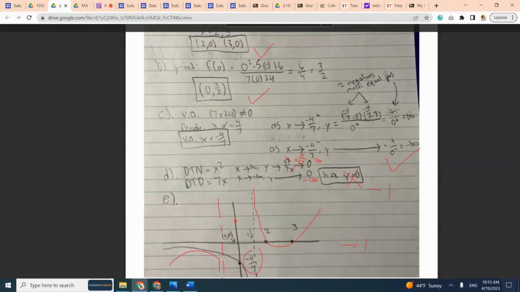And constant over infinity is 0. Think about 7 over a big number. You get 0.00007, right? So that's why a constant over infinity is going to be a very small number, so 0. Okay, everybody?